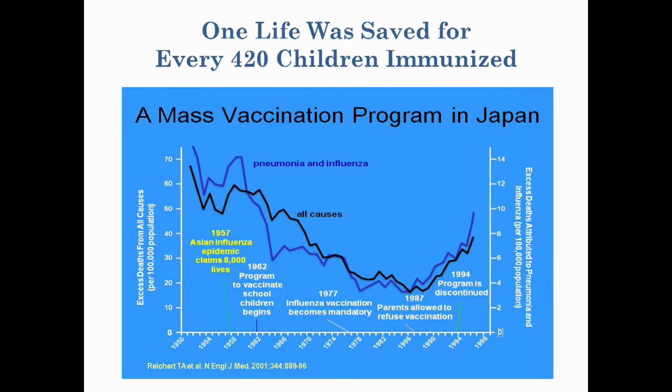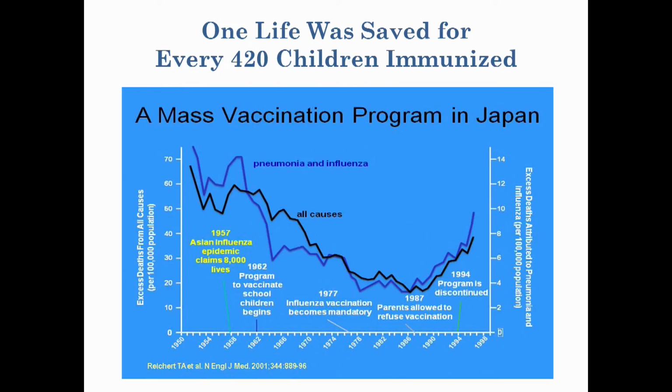So a real-life version of this was done in Japan. After the 1957 pandemic in Japan, after they had a lot of mortality, they instituted a voluntary school program. And as you can see by the graph, the black line is all-cause mortality. The blue is deaths related to influenza with pneumonia, because that's the biggest cause of death, especially in adults.